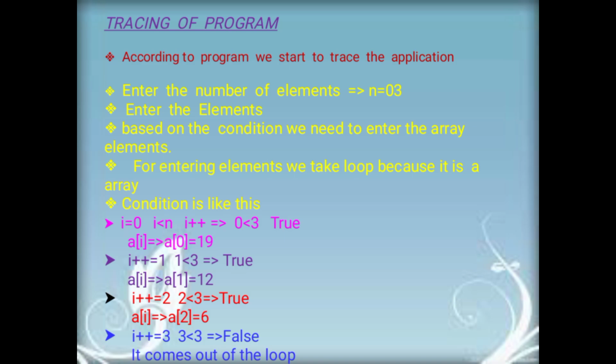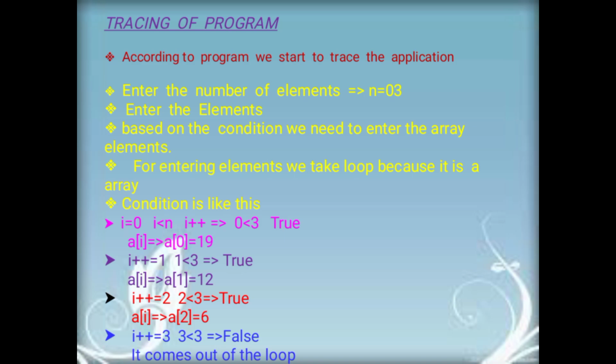We start the i loop variable with 0. n is 3. 0 is less than 3. Yes, it is true. In the position of a of i, nothing but a of 0, the first position, we enter the element 19.